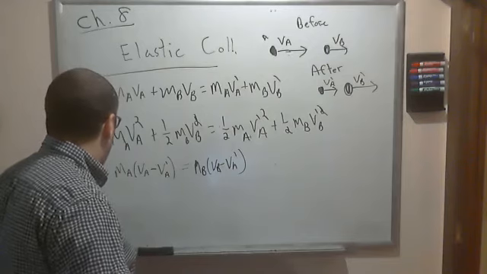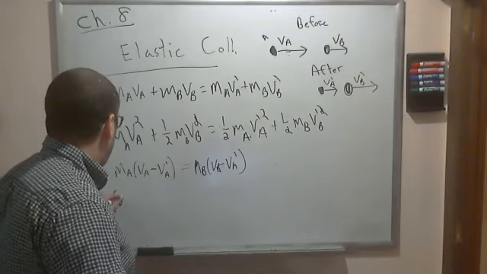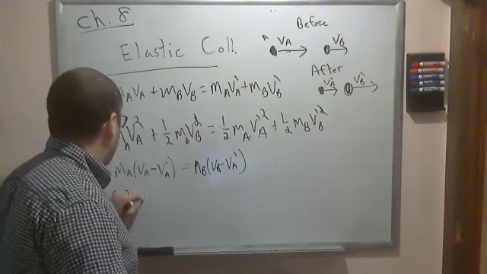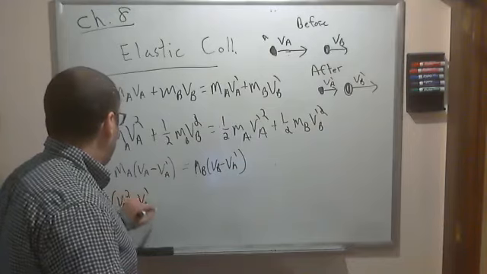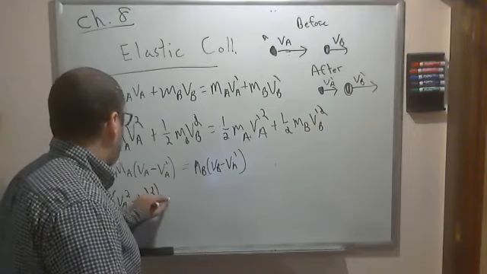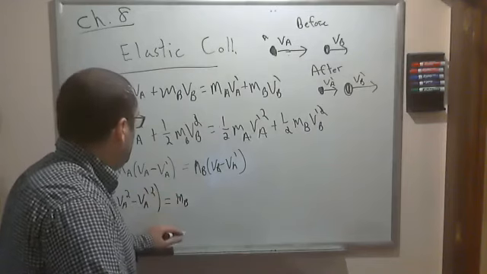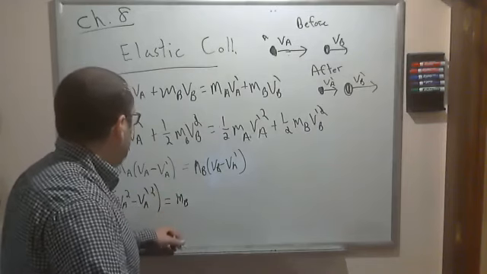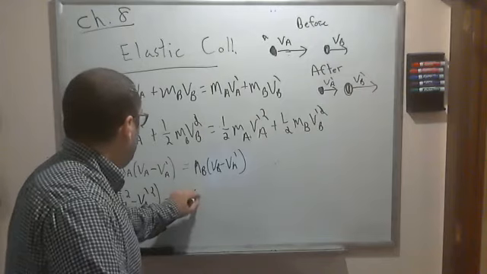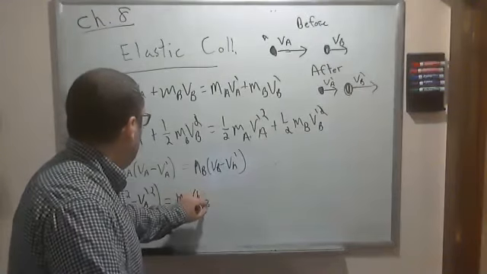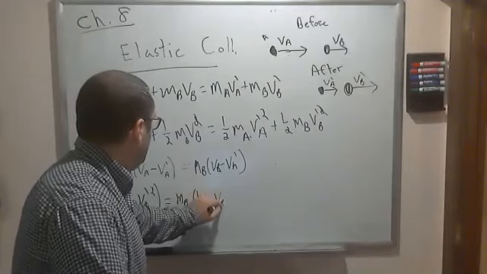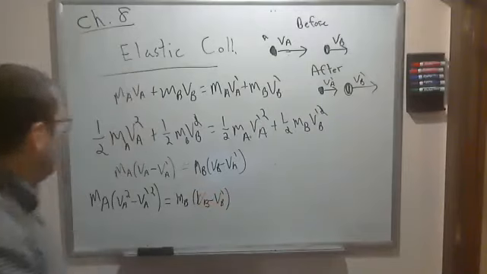And we'll have MA times VA squared minus VA prime squared, and then the same for VB. We'll have this.